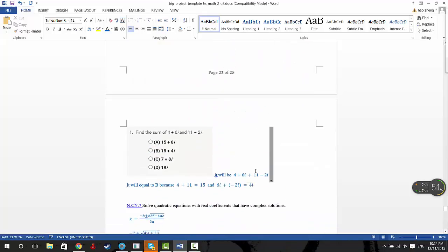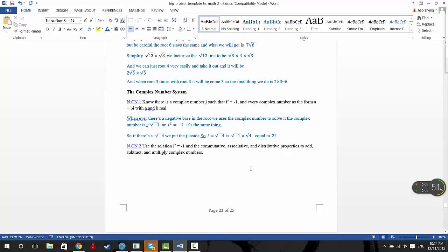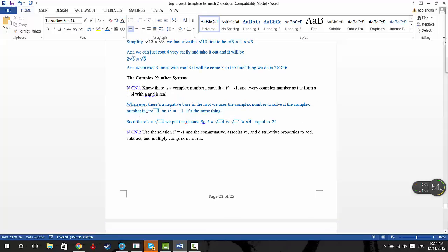And finally we reach the last part of the standard, the complex number system. Okay, so all we're going to talk about is the complex number. The complex number, which some people call imaginary numbers, is when you have a negative base number in a root and you can't solve it.